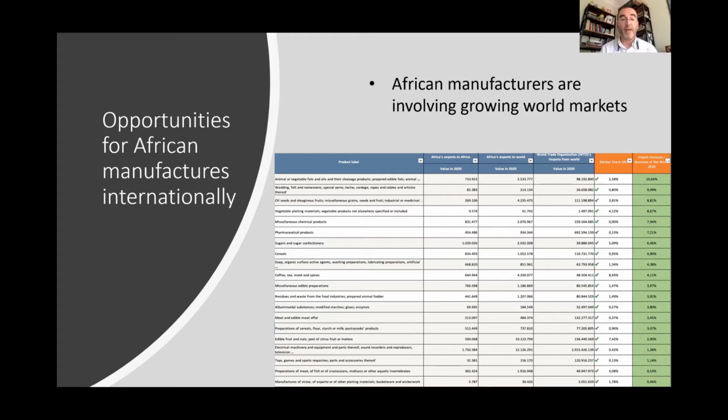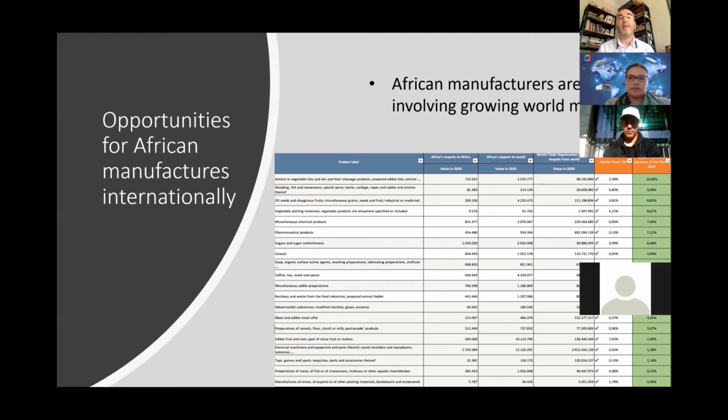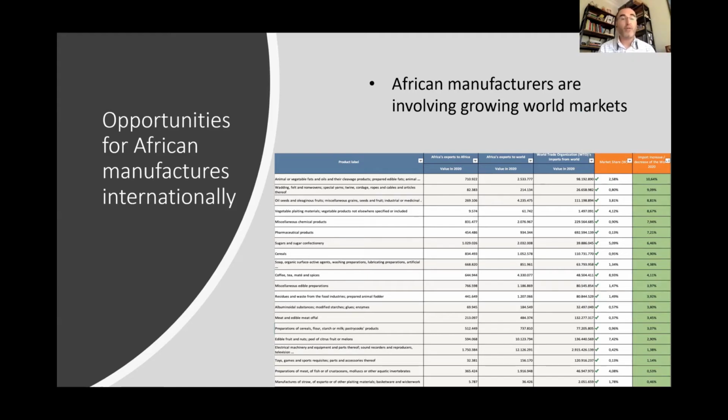And for example, there are other products like edible fruit and nuts. We know that African countries and manufacturers export their agricultural products, but nowadays they have started to process their agricultural products. And we know, even for Turkey and most countries, that if you can process your product, it will be more profitable.